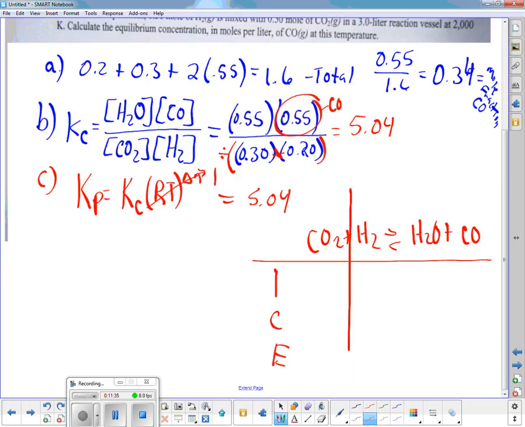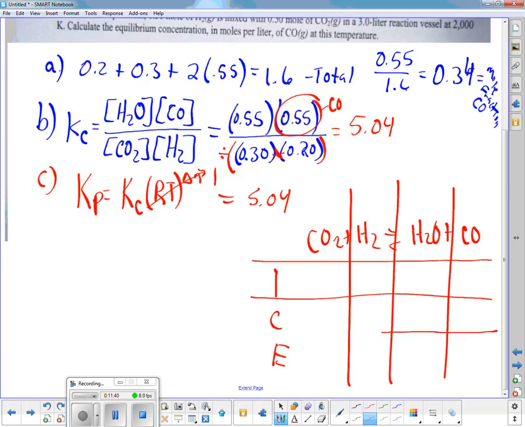So initially we have 0.55 and 0.55, and which one was the 0.3? 0.2 is H2, so that 0.3 is CO2, right?